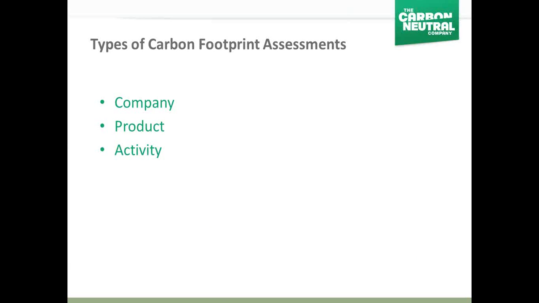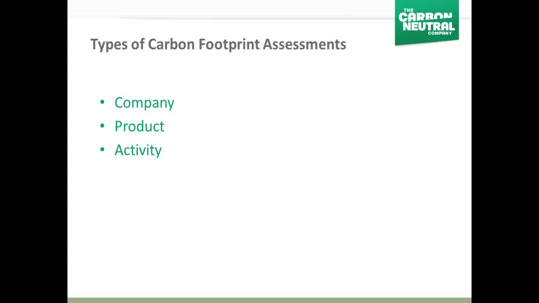So, what is a carbon footprint assessment? Let's start with a basic overview of what is actually assessed during the process. The subject of a carbon footprint can vary significantly. It could be an entity, such as a company, a product, like a liter of milk, or an activity, such as an event or a service, or even an individual person.